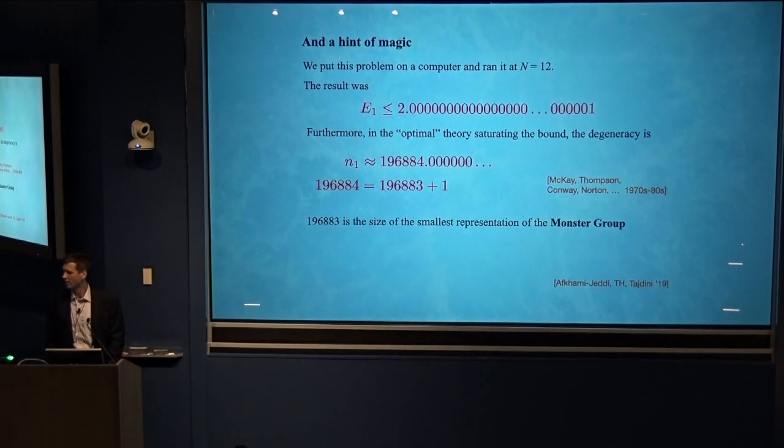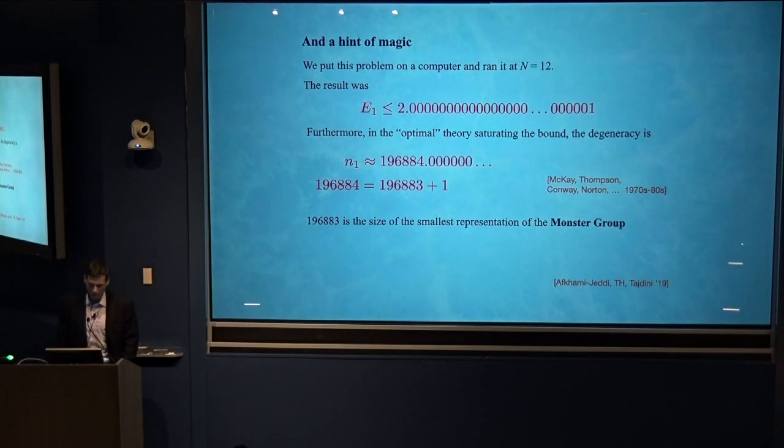This is just coming as a surprise out of the numerics. And furthermore, you can not only calculate the energies, it turns out that you can calculate how many of these light black holes there are, again numerically. And the number we found was, to very high accuracy, 196,884.